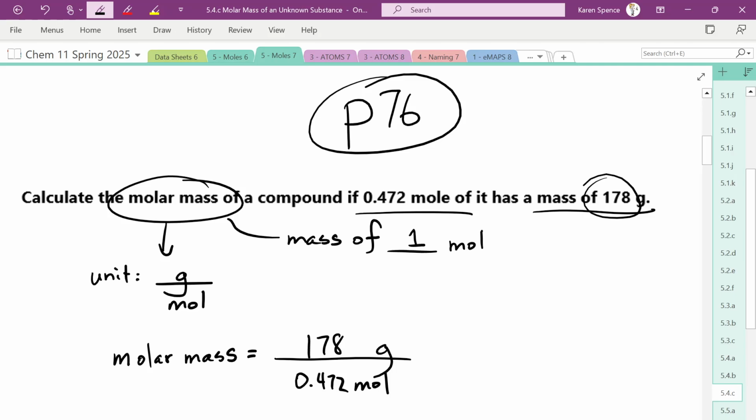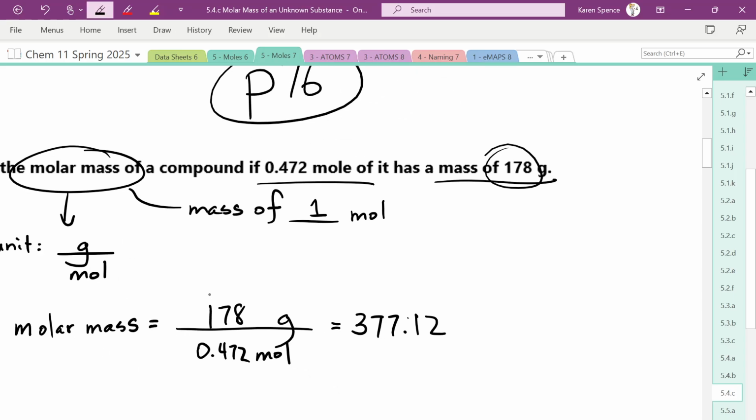Okay? So you do that division, 178 divided by 0.472, and we get 377.12. However, we have 3 sig figs, and we have 3 sig figs.